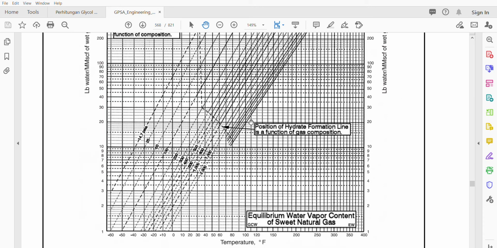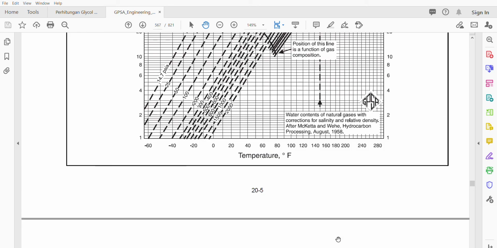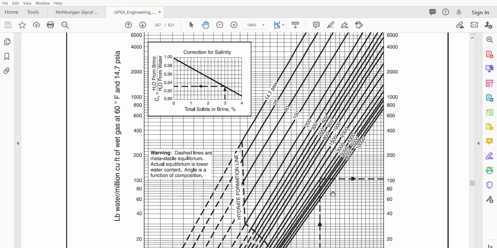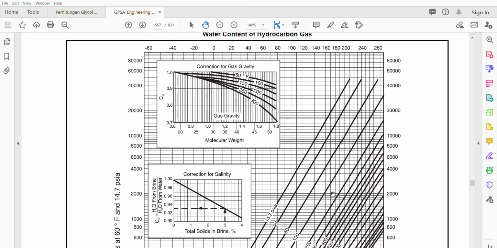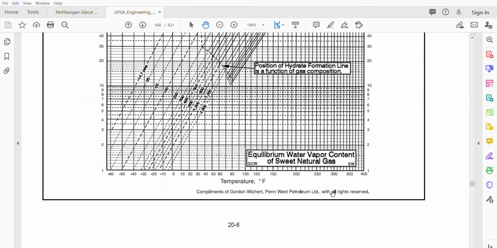The temperature is a little bit higher, which is 400 degrees Fahrenheit, as compared to the previous one only 300 degrees Fahrenheit. So there are two types. These two are made by Maketa and Wehe. So this is a popular one. So if you hear Maketa and Wehe, this is water content.